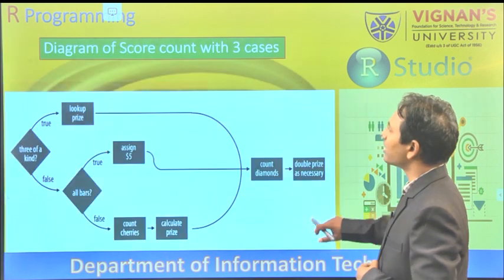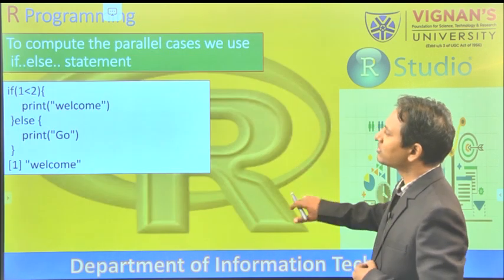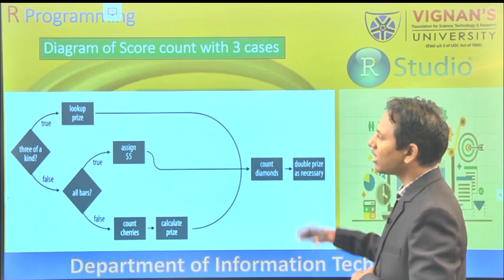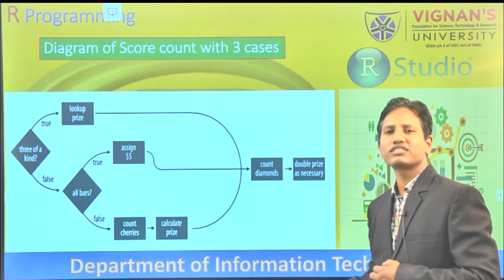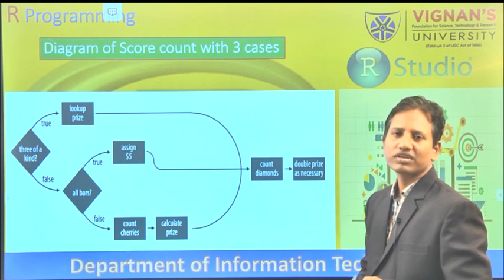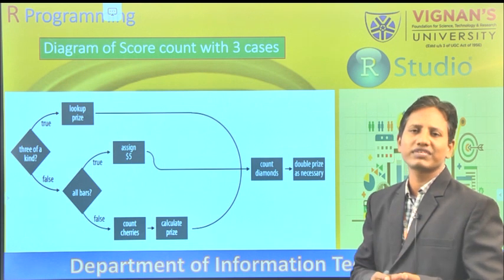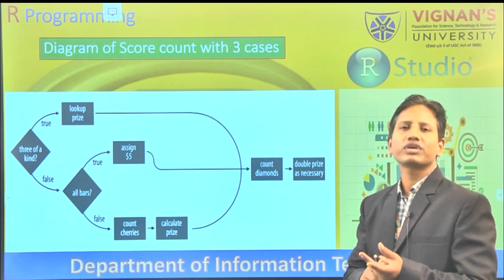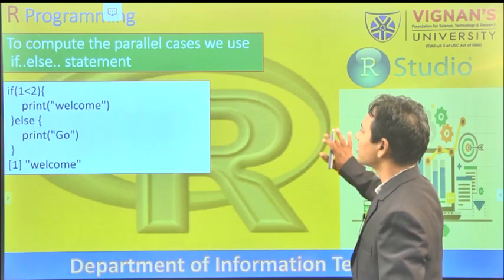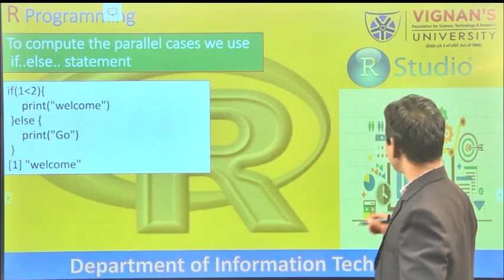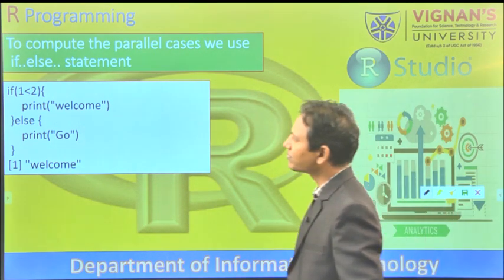Now the point is how we can implement these parallel cases. We can implement these parallel cases using the if-else conditions. These if-else statements you have learned in many other languages like C language and Java, okay, and Python. So the same way here also we are having this language. So this is the syntax for this if-else condition.